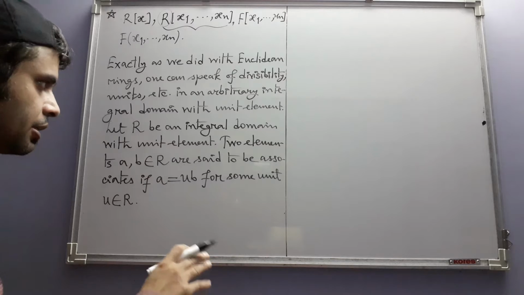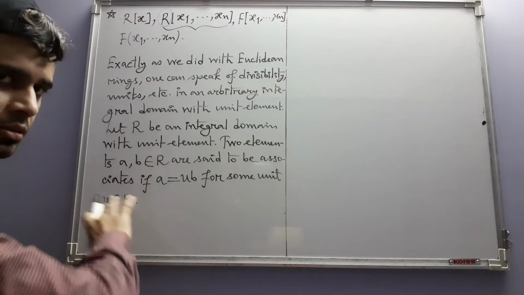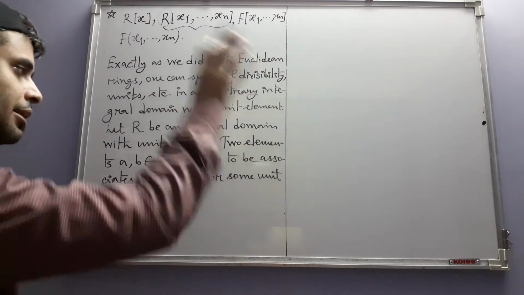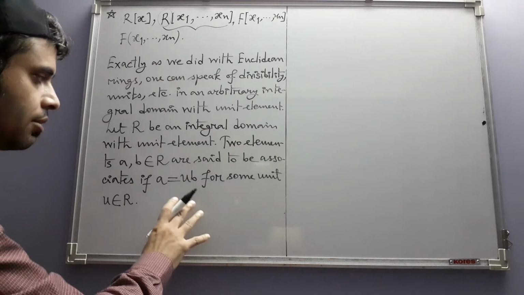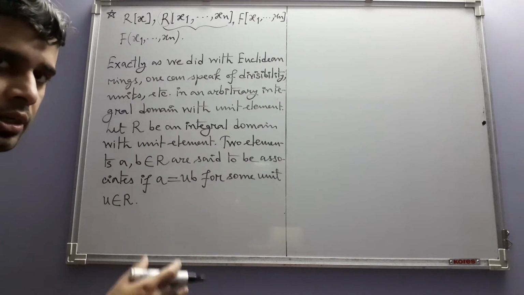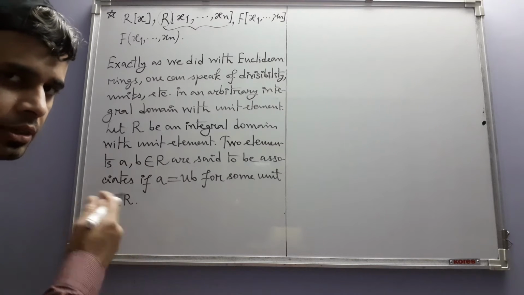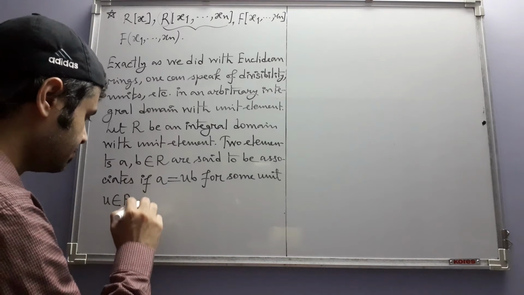The only difference with these definitions and the ones we previously got is that the background ring now is not necessarily a Euclidean ring. It's in general an integral domain with unit element.